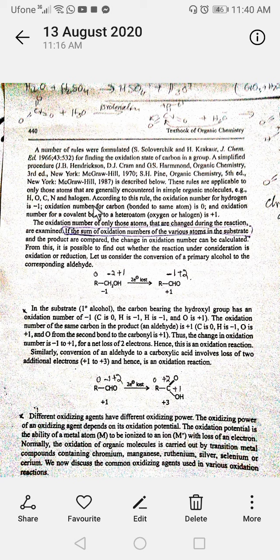Now according to this rule, the oxidation number for hydrogen is -1, because hydrogen is less electronegative as compared to carbon.